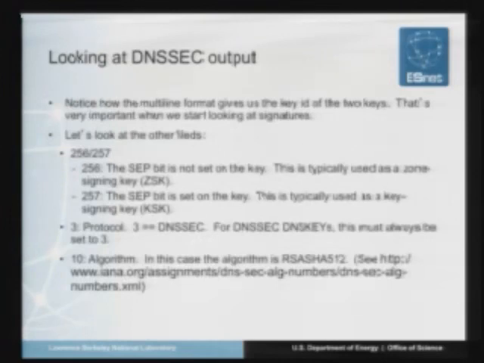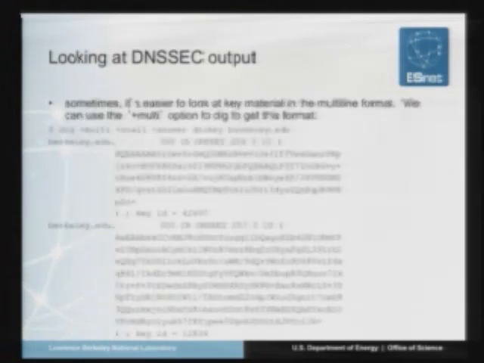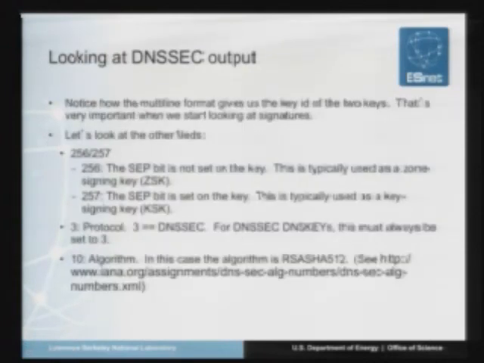Okay, what are some of the other things that we see in those fields? You saw a 256 or 257 here. That determines whether the key has its secure entry point bit set or not. Now, the standard only specifies whether the secure entry point is set.